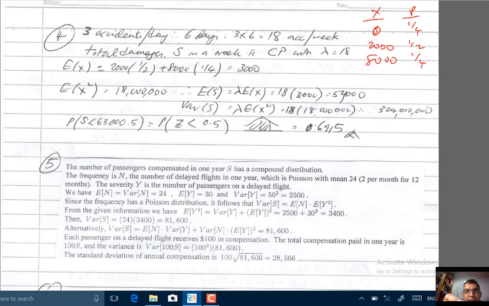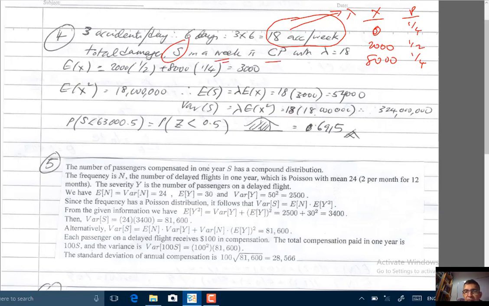So in a week we have 18 accidents. I repeat, we have an average of 3 accidents per day. Therefore, it will be on the average of 18 accidents per week. Okay, so this is your new lambda. That's for a week. So total damages S in a week will be compound Poisson with lambda equals 18.